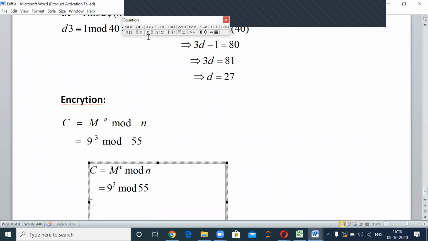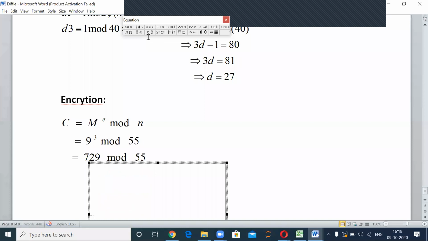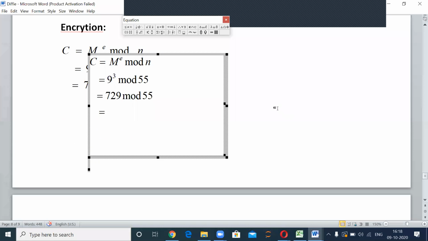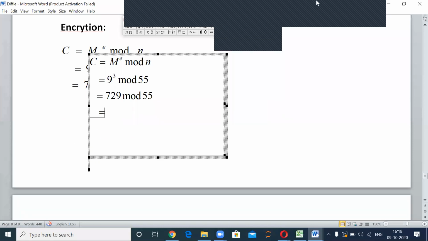We multiply this and get 729 mod 55. Divide 729 by 55. What is the remainder?